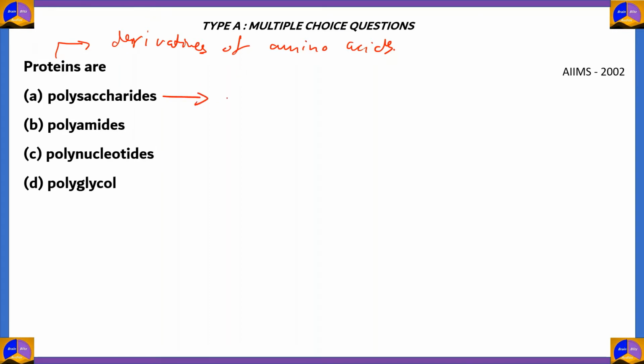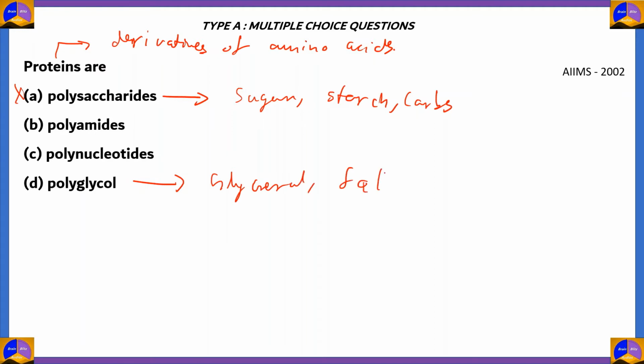Polysaccharides is option 1. Examples of polysaccharides are sugar, starch, cellulose, carbs, etc. So option A is incorrect. Option D, polyglycol. Polyglycol is present in substances such as glycerol and fatty acids, oils, etc. So option D is incorrect.